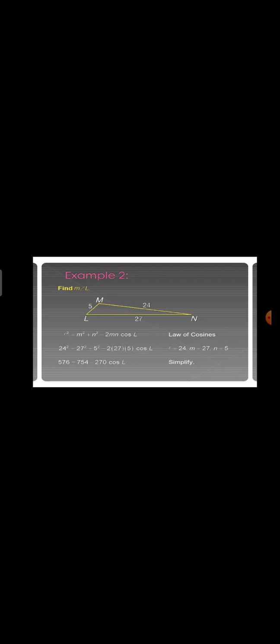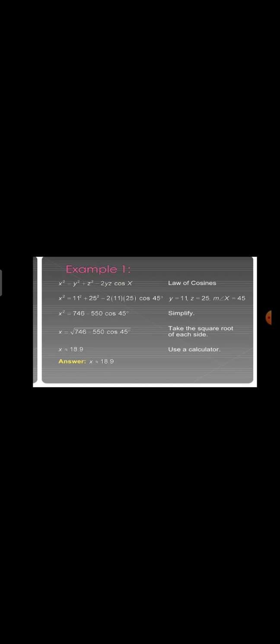So we are going to simplify it. So x is equal to the square root of 746 minus 550 cos 45 degrees.